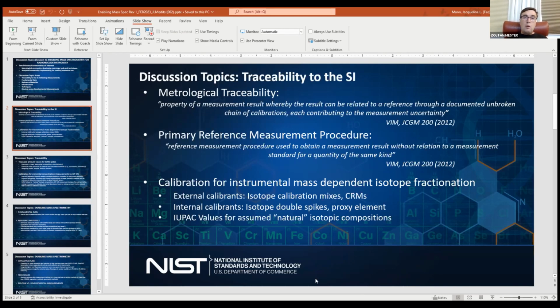So Richard was saying that almost all chemical measurements, and especially mass spectrometry, are non-primary methods, so we need physical calibrants to realize measurements, and that's absolutely correct in the useful uncertainty regime where chemistry operates.